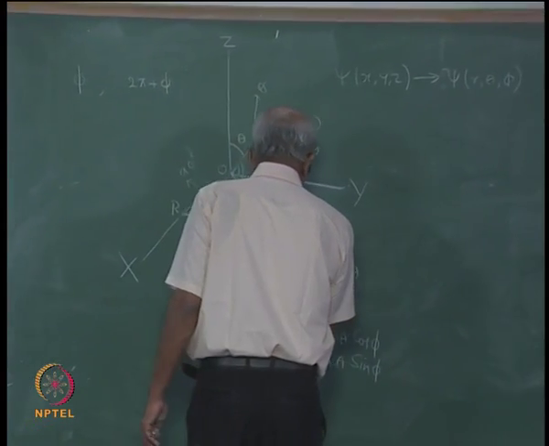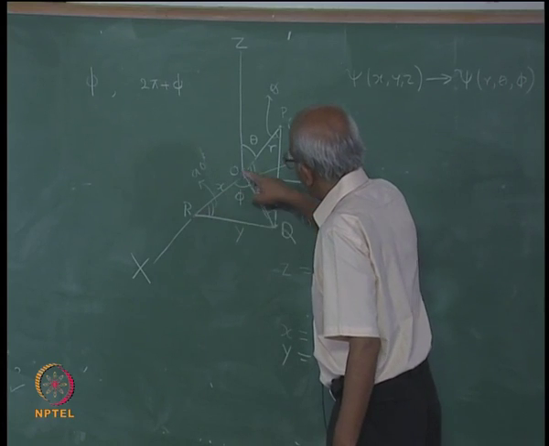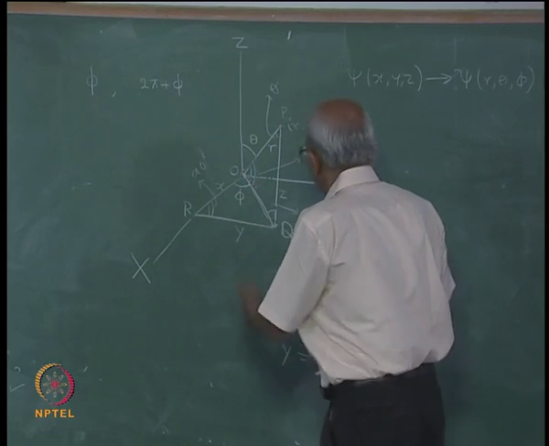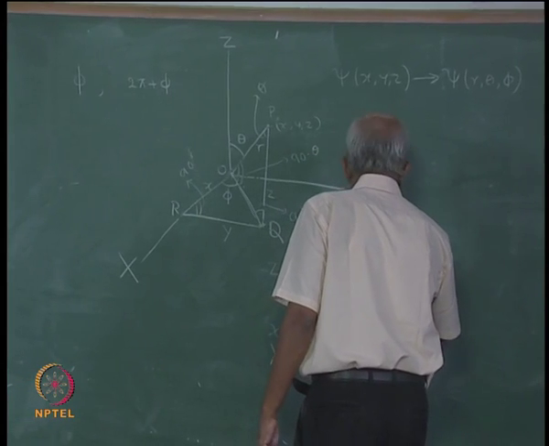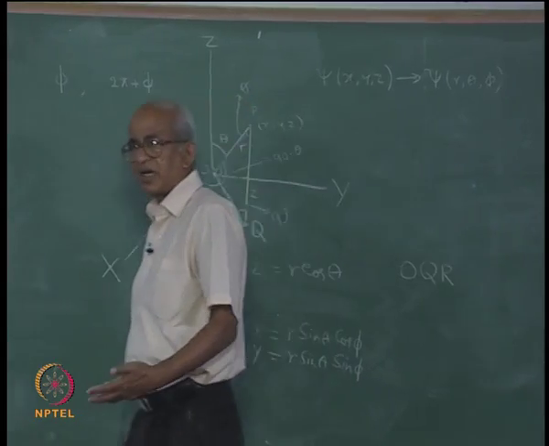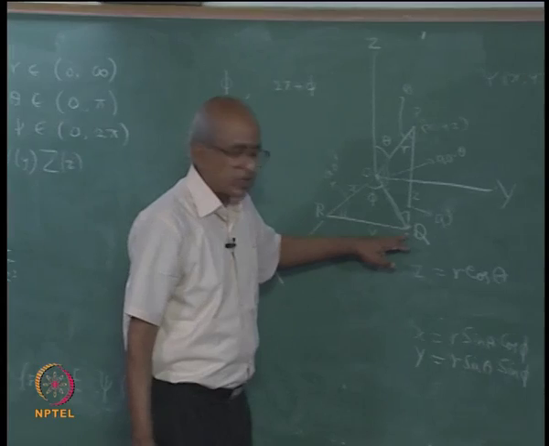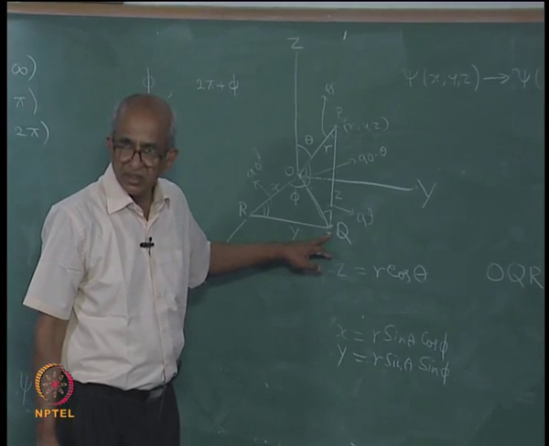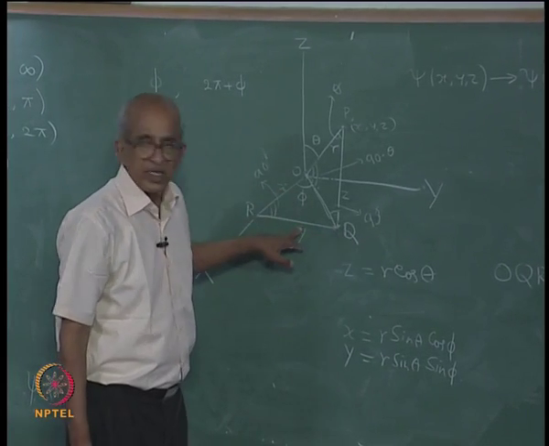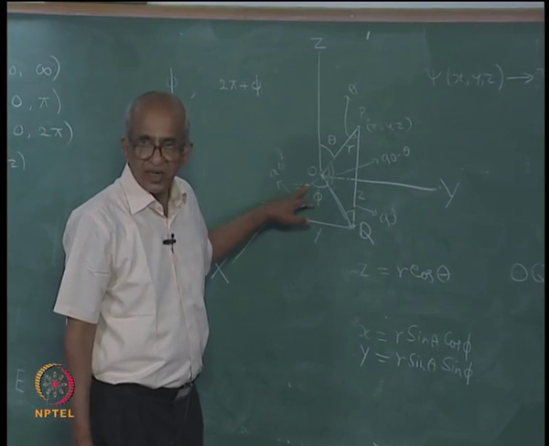So, therefore, if you want it, this is essentially very simple trigonometry. All that you need to do is you have to worry about this triangle. What is the triangle? Actually, OQR. If you worry about that right angle triangle, realize that OQ is its hypotenuse, right, and x and y are its sides, and this angle is equal to phi.